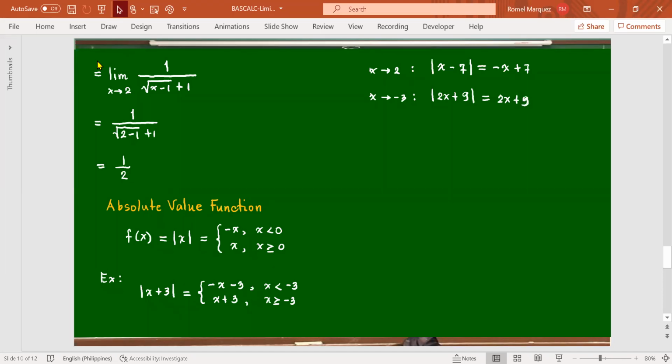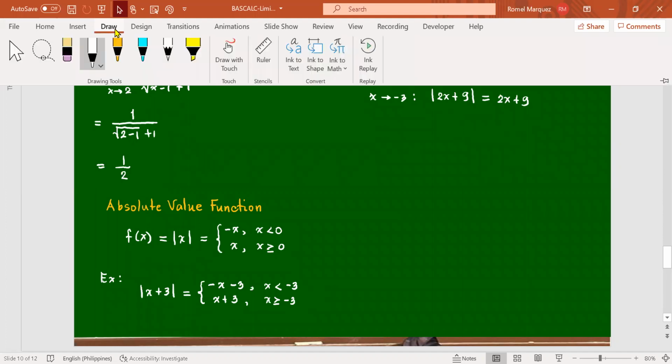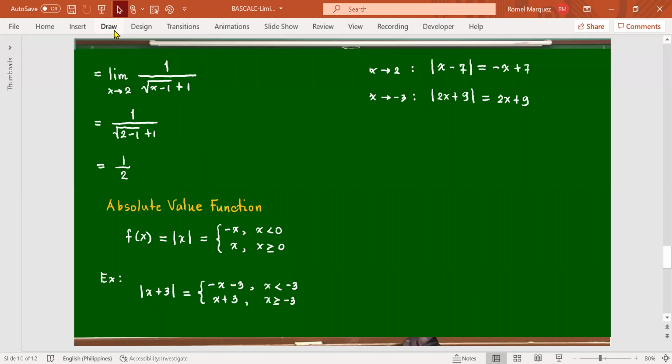Can I just copy 2x plus 9? If x is negative 3 or close to negative 3, this is always positive, no? So I can simply write it as 2x plus 9. Is that clear, guys?